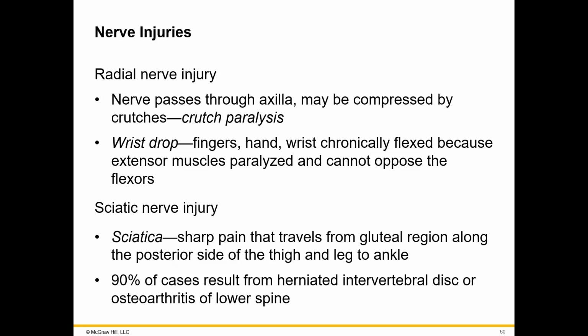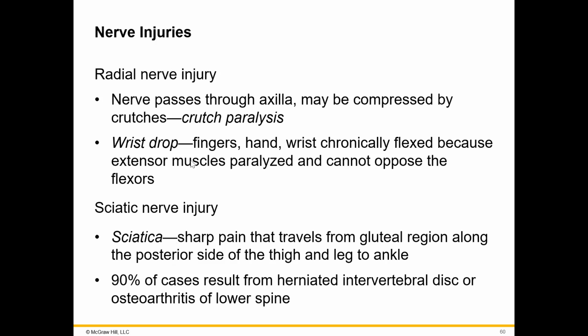One of the questions on the exam would be: a patient is suffering from crutch paralysis. The pressure, the trauma of leaning with their axilla on the crutch, causes damage to which nerve? That is the radial nerve.